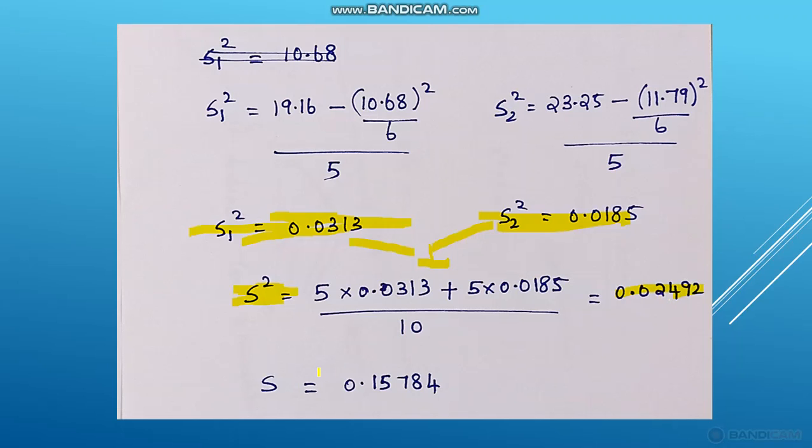Taking the square root of the pooled sample variance, the pooled sample standard deviation is 0.15784.